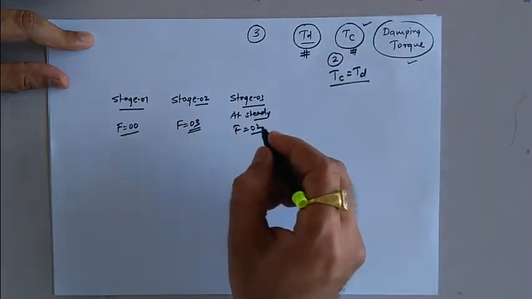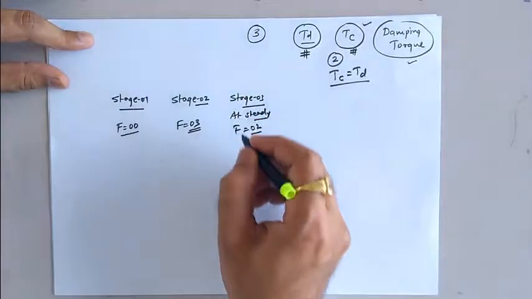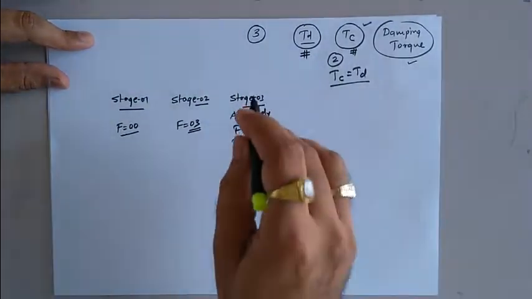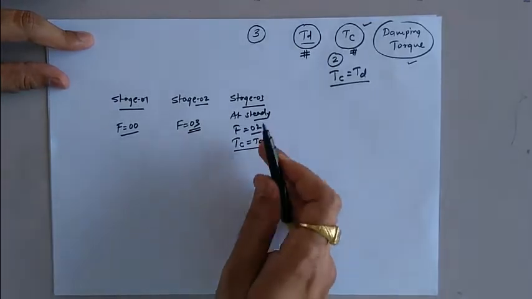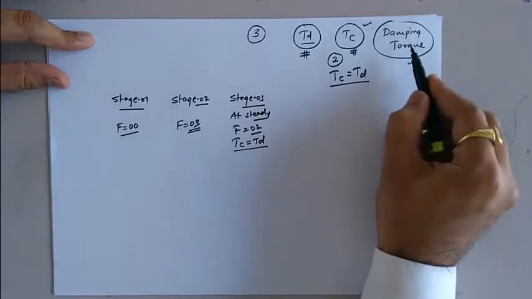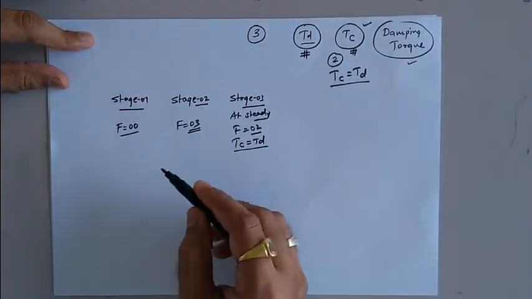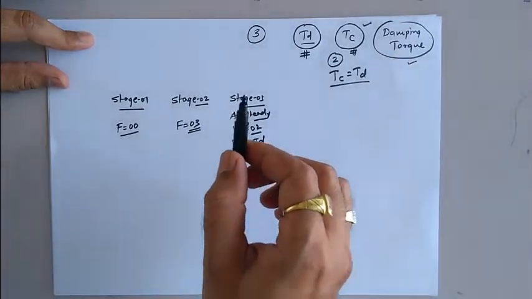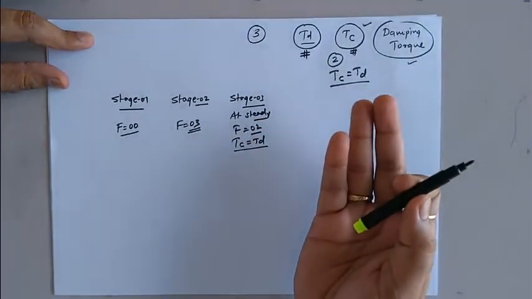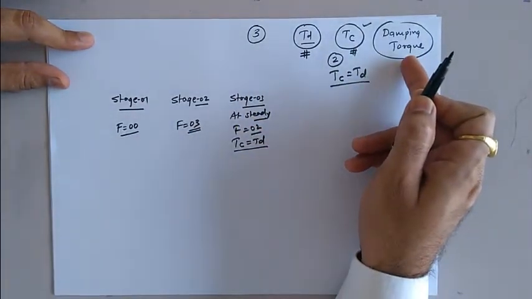And I can say that at this particular instant the magnitude of controlling torque is going to be equal to its corresponding deflection torque. That means the pointer will indicate the final value of the unknown quantity, and the role of damping torque is going to be 0, because अब मेरा जो पॉइंटर है वो फाइनल वैल्यू इंडिकेट कर रहा, तो उस केस में डैम्पिंग टॉर्क का कोई रोल ही नहीं रहेगा.